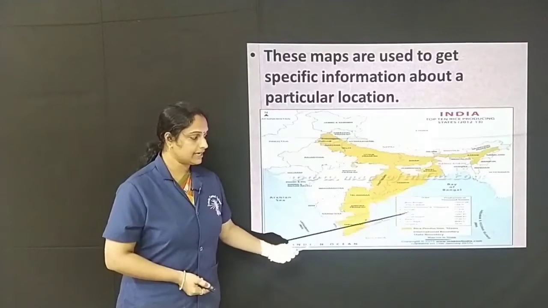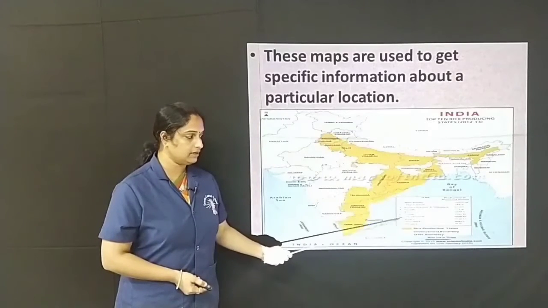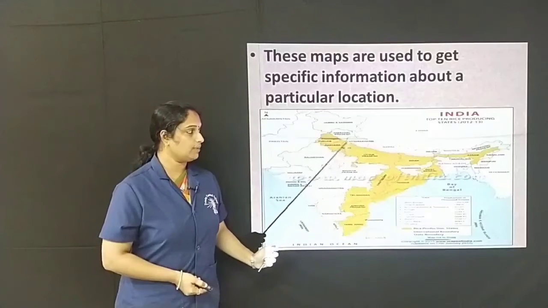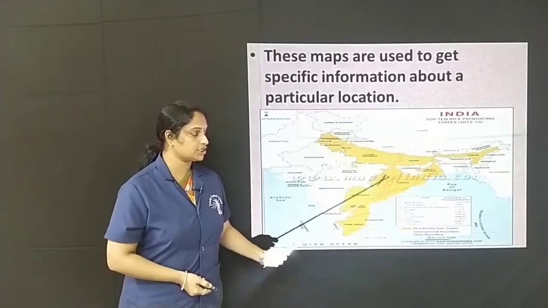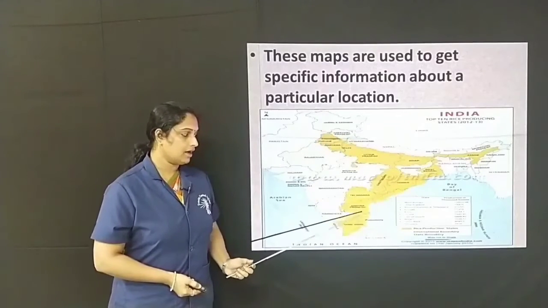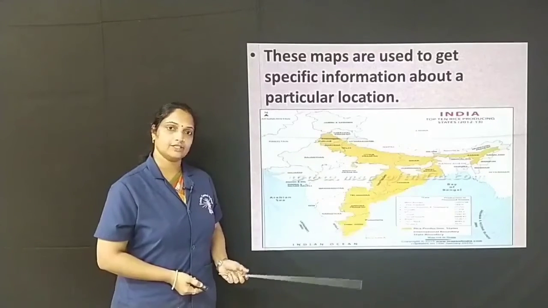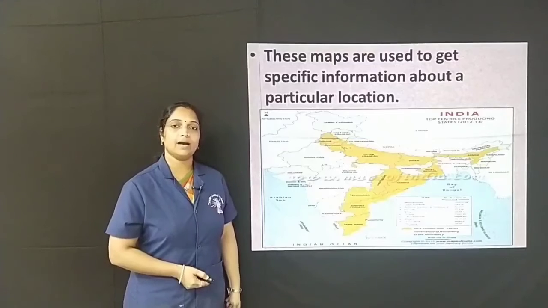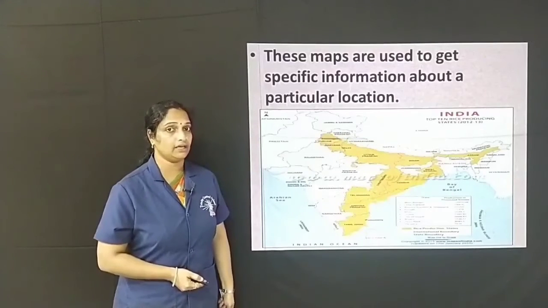For example, Punjab, Haryana, Delhi, Uttar Pradesh, Telangana, Andhra Pradesh, Tamil Nadu, and so on. So this map is about a particular theme or topic.